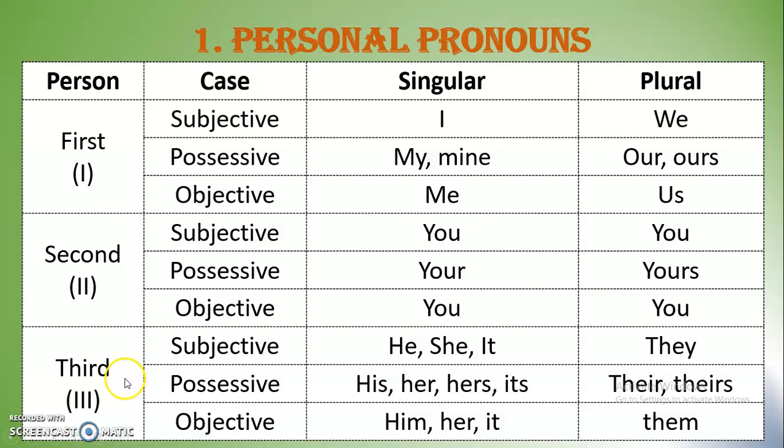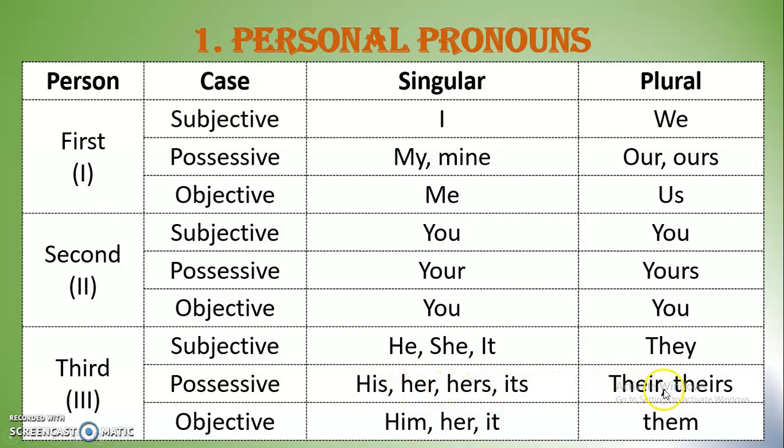The third person. Subjective case: he, she, it. Third person singular, we already have learned in many places: he, she, it, and the plural form is they. That is the subjective case. The possessive case is his, that shows the ownership: his, her, hers, its, like that. That shows the ownership, possession.